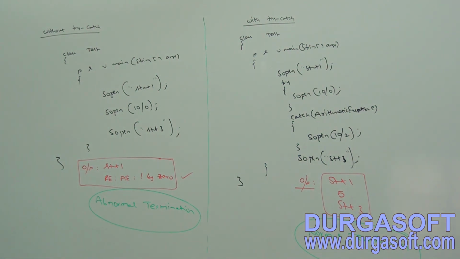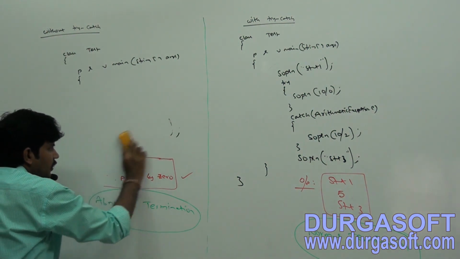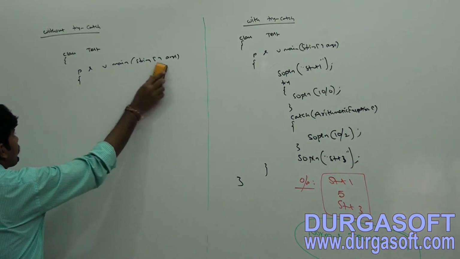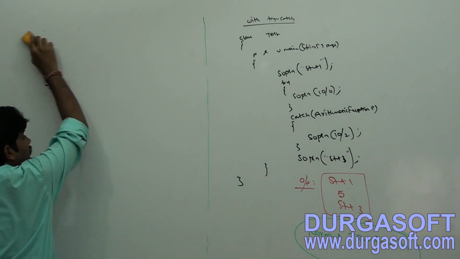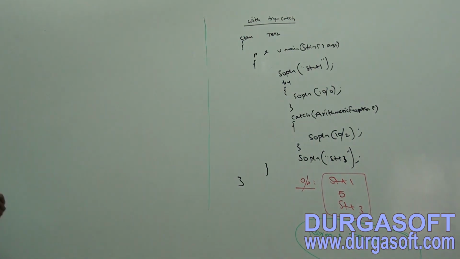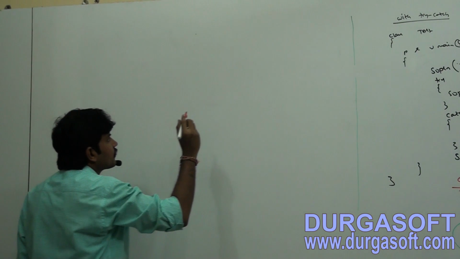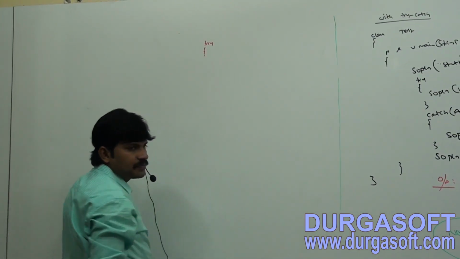Control flow in try catch. Here just observe and listen. I am taking a try block.